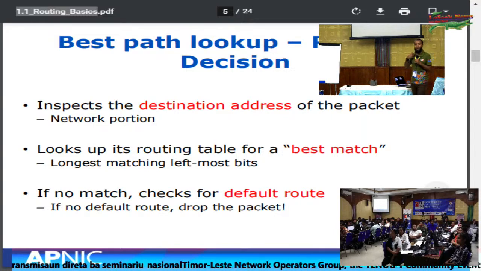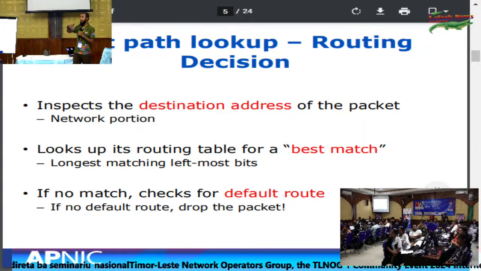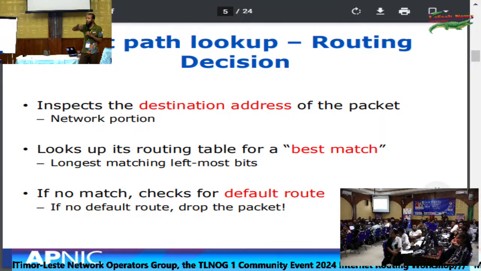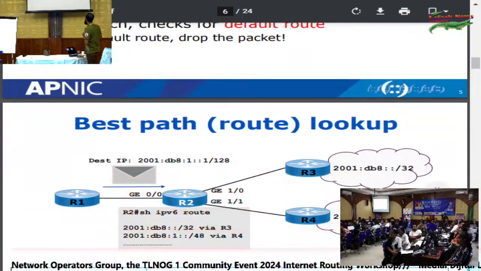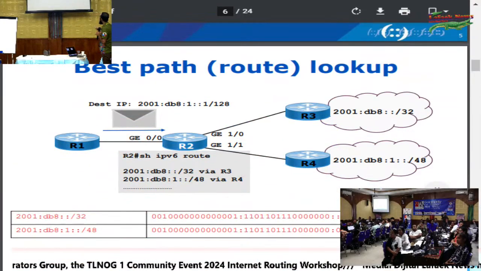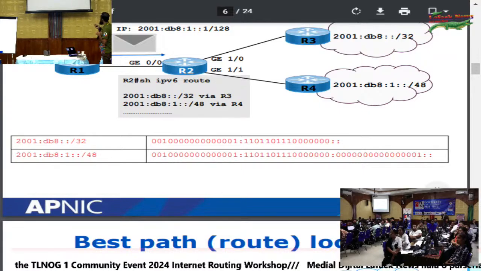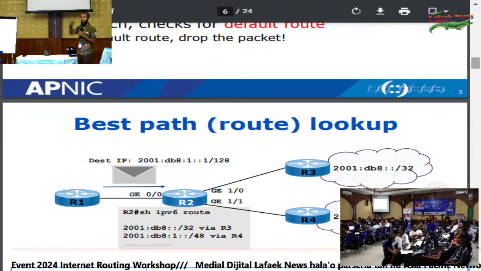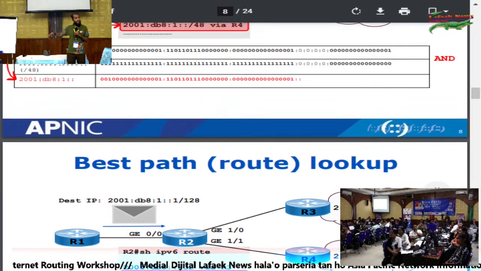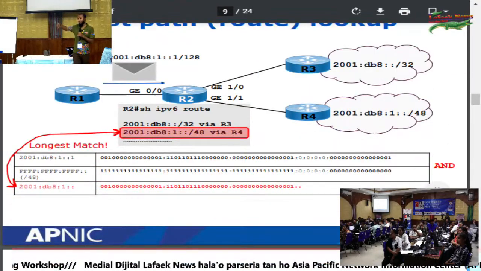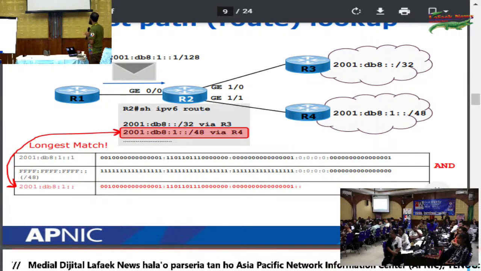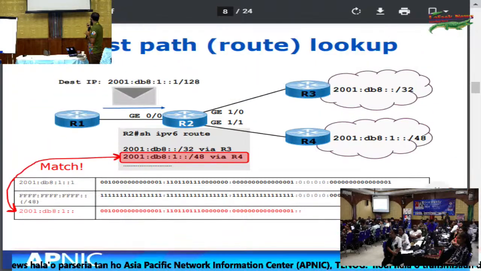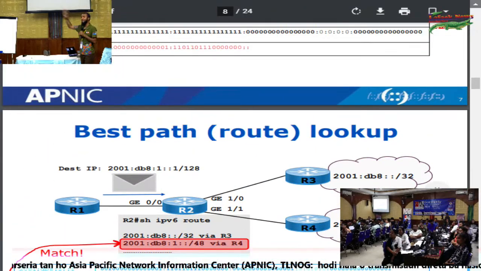Here I have the information about the destination. Now my router needs to find out the path to go to that destination. So the router inspects the destination address and then looks up the routing table. Remember, previously it has the routing table built already, with the best paths and how they need to be used. So it will try to match the destination address with the table and find out the exit interface.